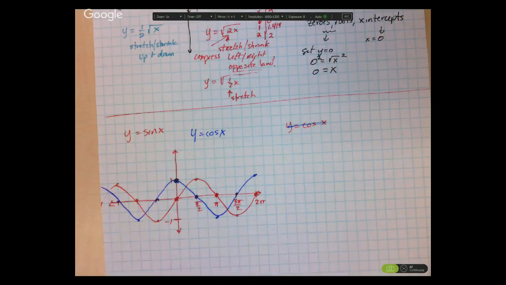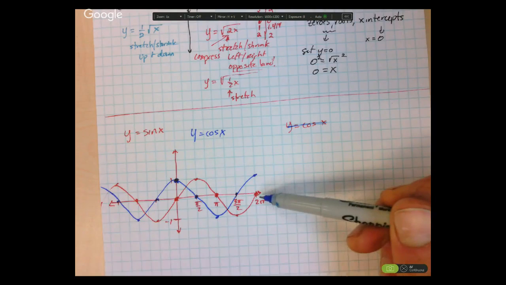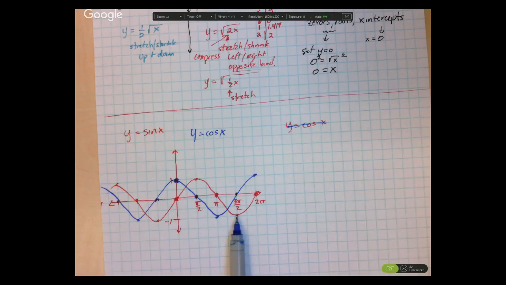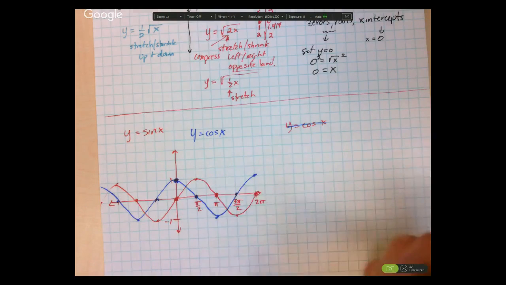You need to have these memorized because they help you with the values. What's the sine at 2 pi? Well, it's 0. The other thing to notice is that these are all just shifted pi over 2. They're the same graph, there's just a shift. So have those memorized. The domain is the real numbers. The range is 1 to -1.